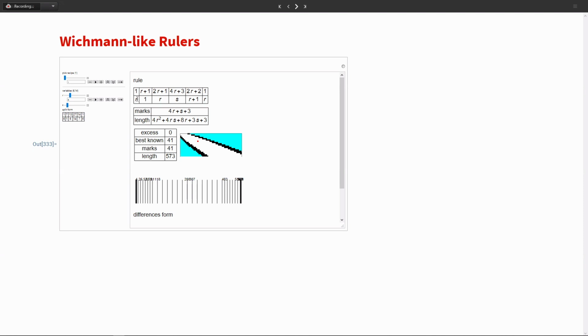And that was enough to prove the square root of 3 bound for the Erdos problem. Since I basically just added 1 mark to Wickman's problem, that was considered a trivial addition, so Wickman got credit for solving the Erdos problem.